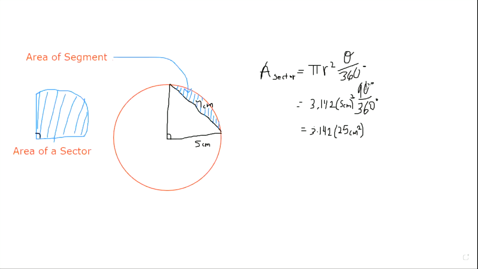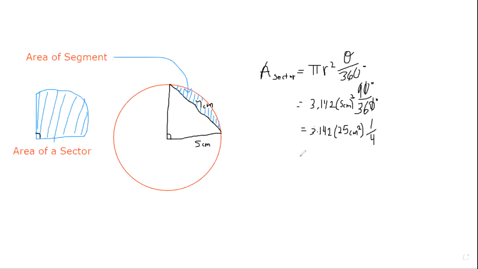Now we could go ahead and work this out. You get 1 over 4, right? Because 9 goes into 9 one time, 9 goes into 36 4 times.